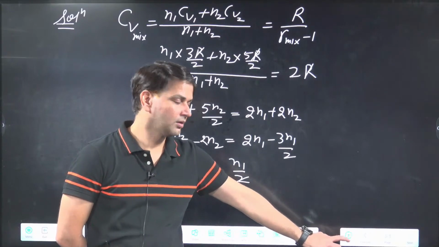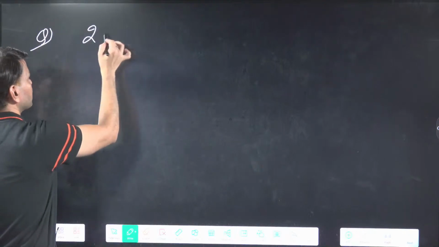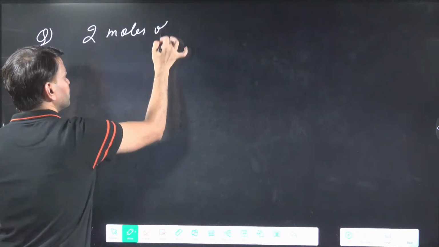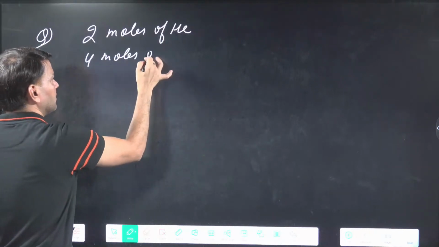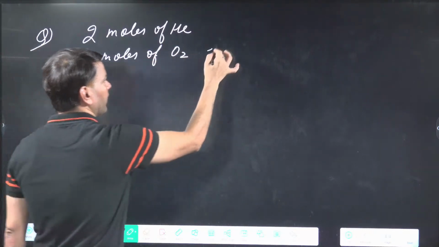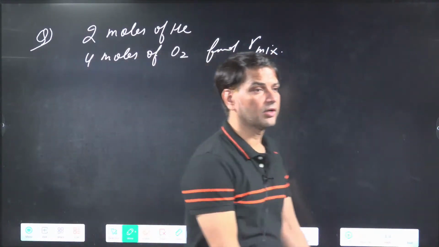Completed? Okay. So one more you can do. Suppose 2 moles of helium are mixed with 4 moles of oxygen. Find the gamma mixture. Tell fast.